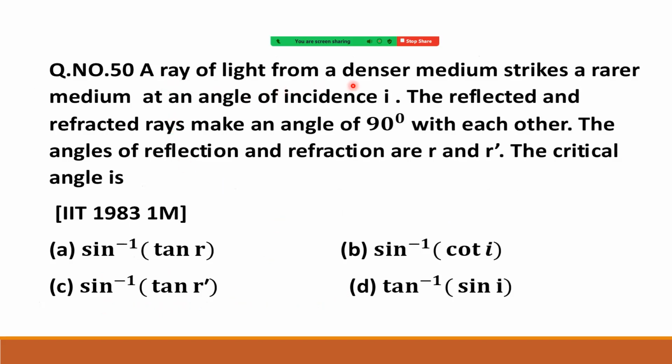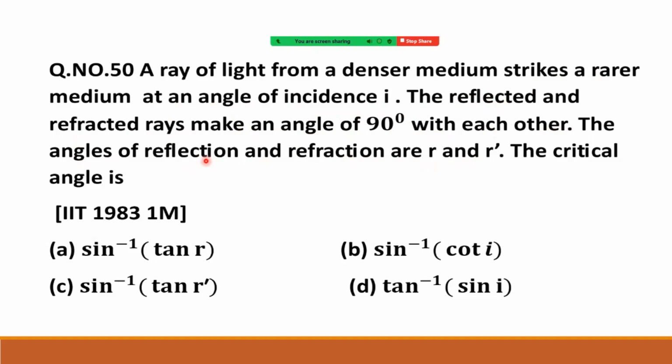A ray of light from a denser medium strikes a rarer medium at an angle of incidence psi. The reflected and refracted rays make an angle of 90 with each other. The angles of reflection and refraction are r and r dash.